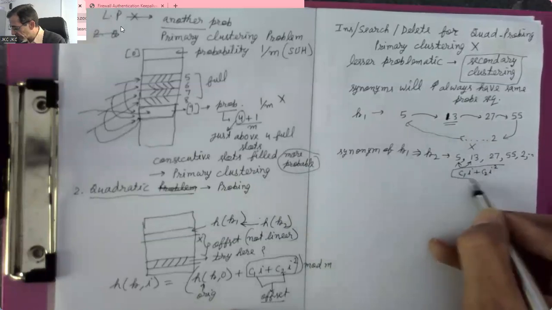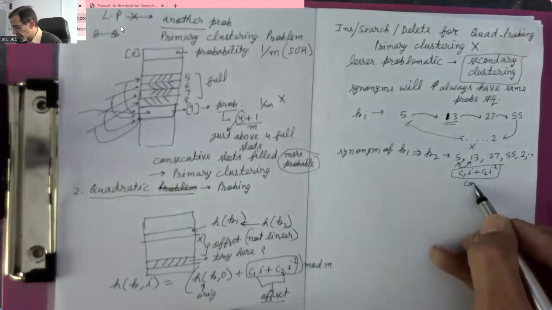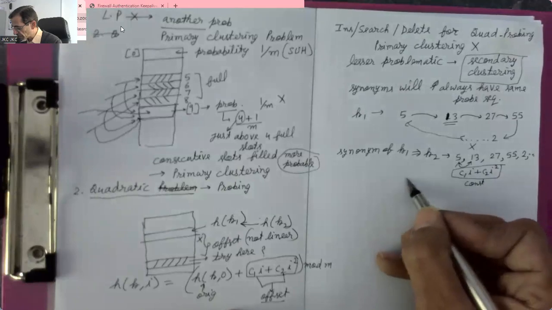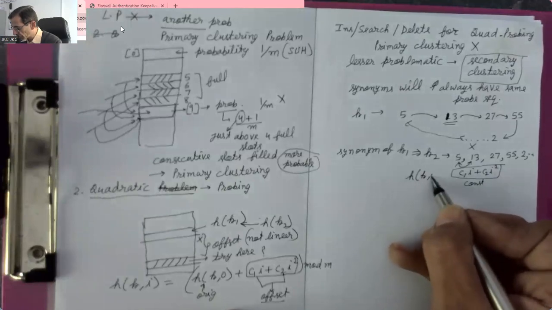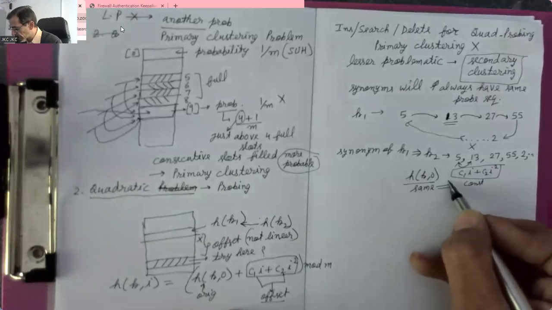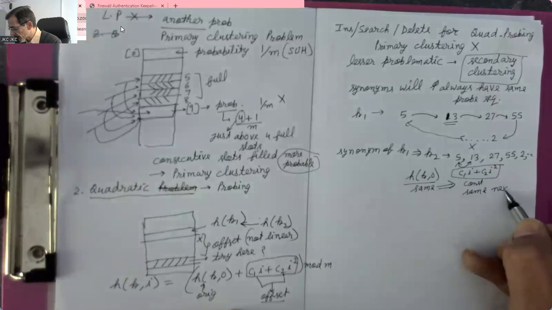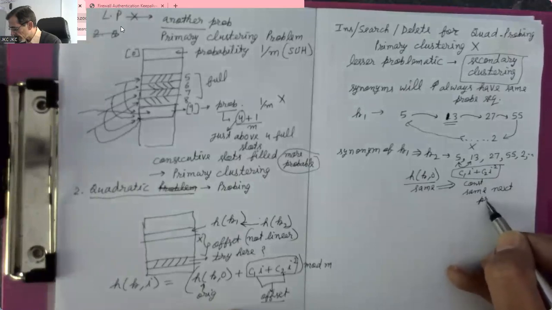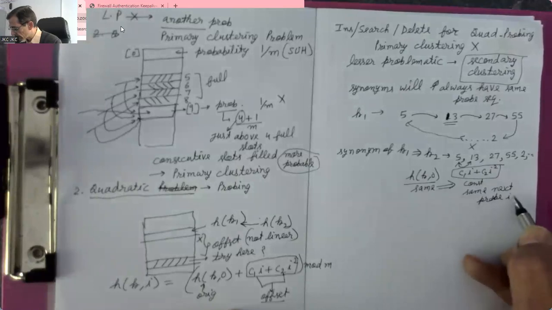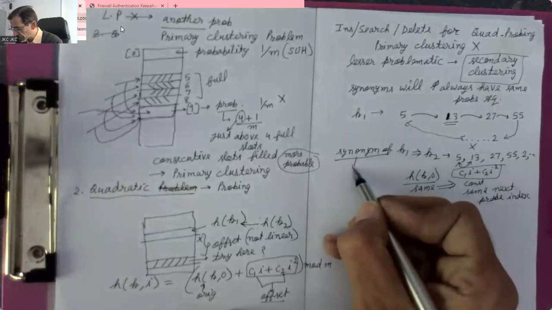C1 and C2 are chosen once as constants. This will remain constant. So if h of K was the same, then all subsequent probes will also remain the same. So that is creating a problem for synonyms.